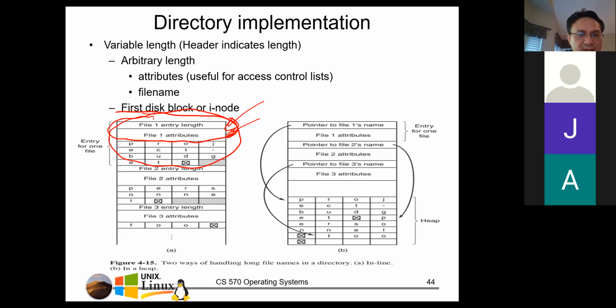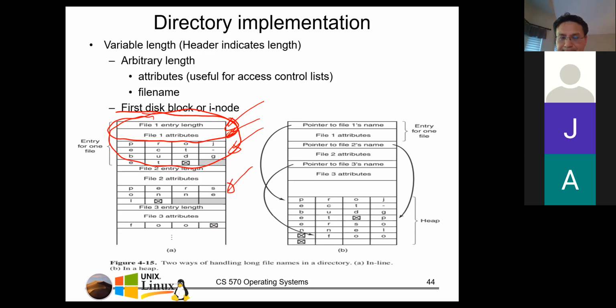In this case, the first file name is projected budget, the second is personnel, and the third is the full. So you could have variable length file names, but the first two sub portions of this record are fixed length.